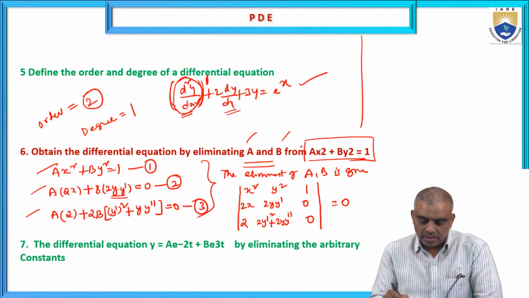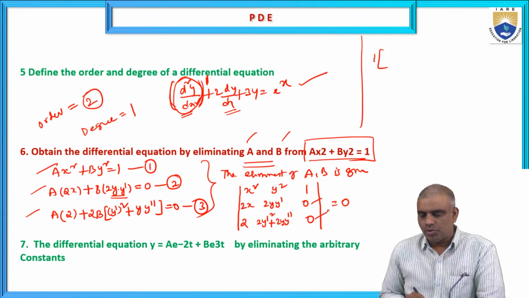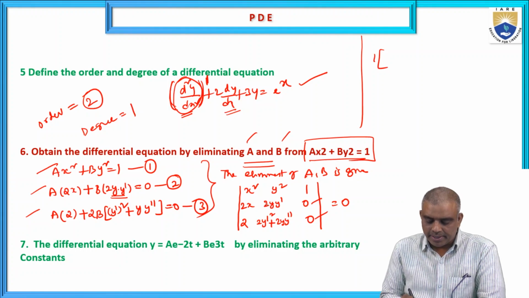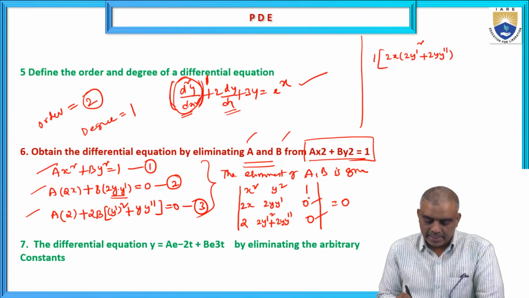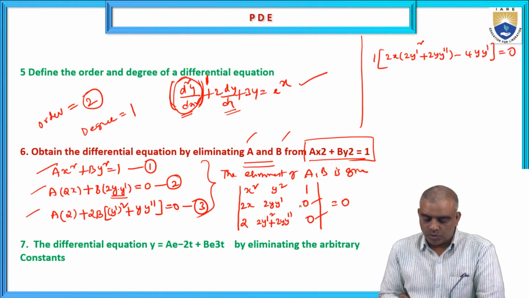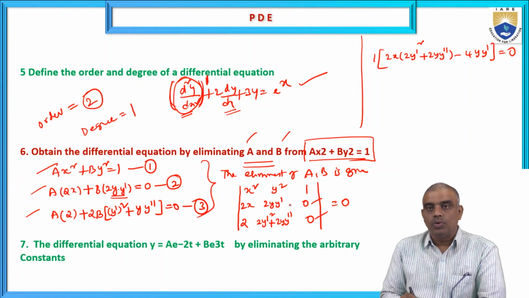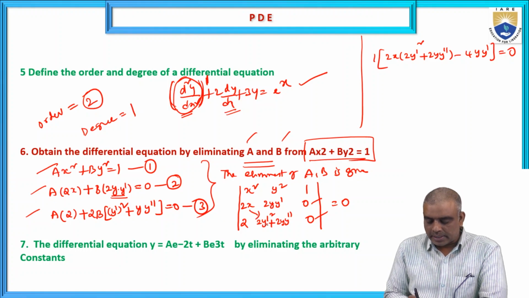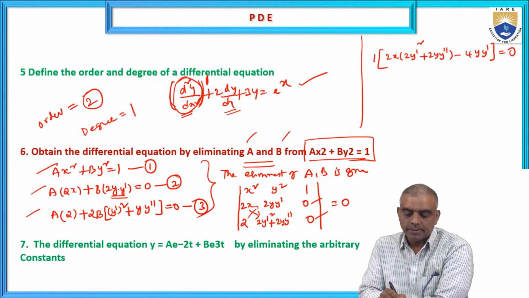So now on solving, 1 is the only factor, the remaining 2 terms are zeros. So we get only one term: 1 into 2x into 2y dash square plus 2yy double dash minus 4 into y dash is equal to 0. Discarding this column and this row, the determinant value is 2x into this one minus 2 into 2y dash.